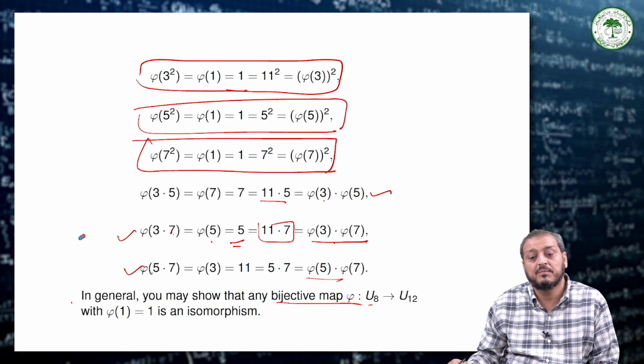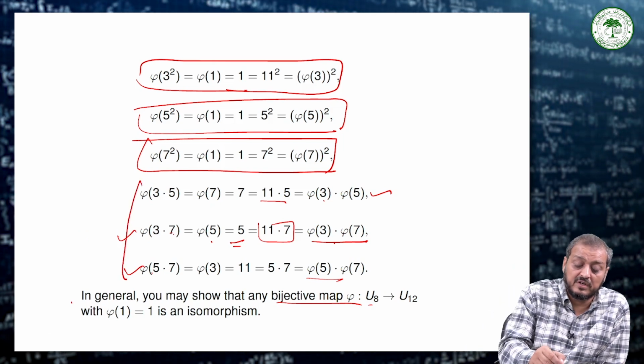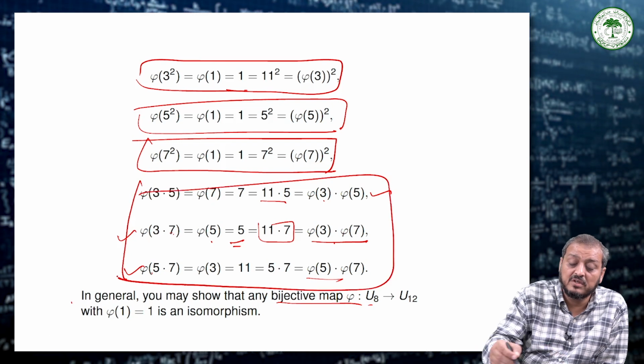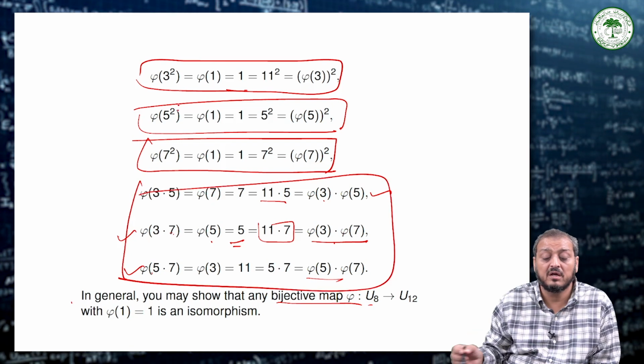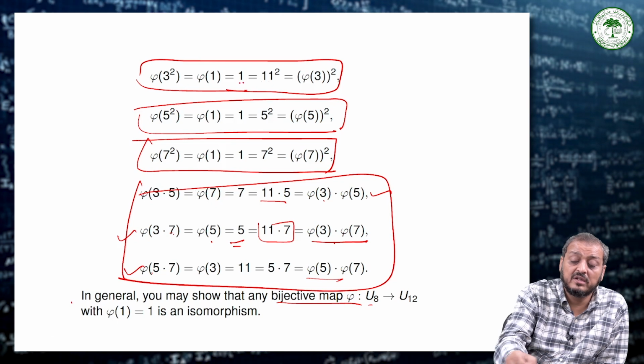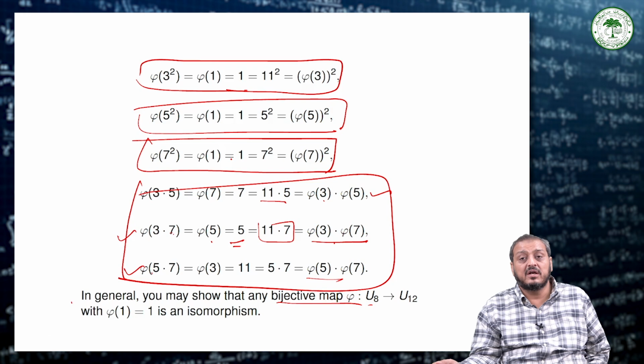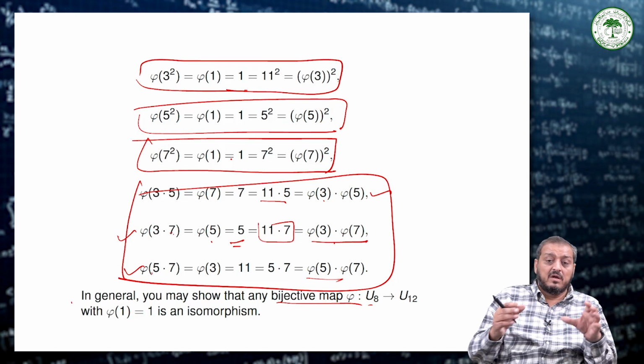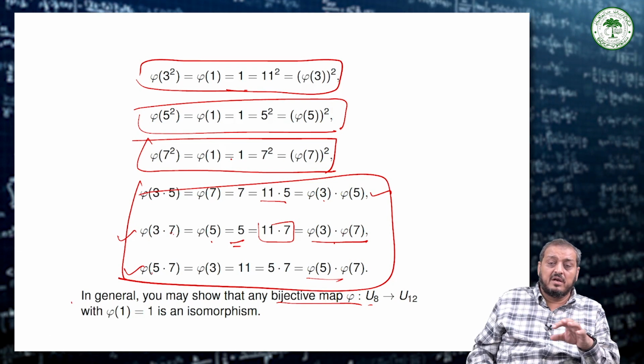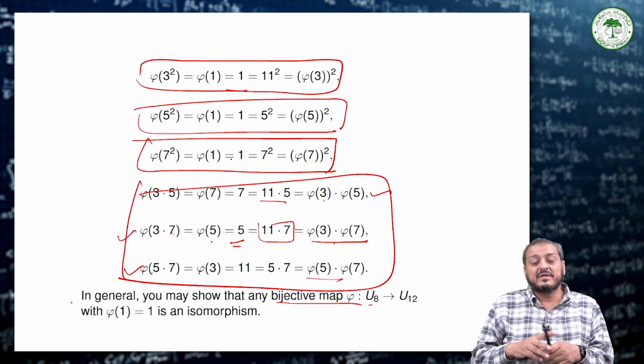It satisfies the homomorphism conditions, maps identity to identity, preserves the orders of elements, and the inverse exists, so bijectiveness is there.